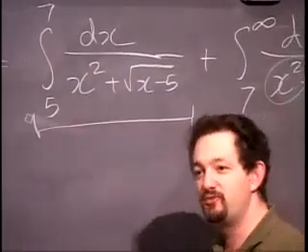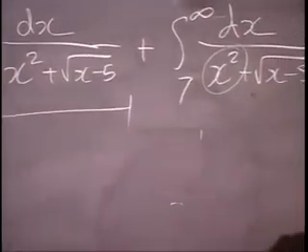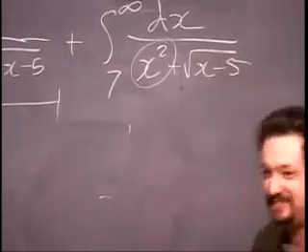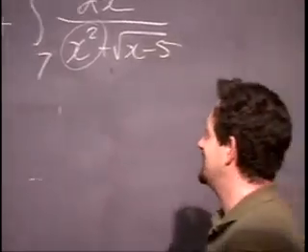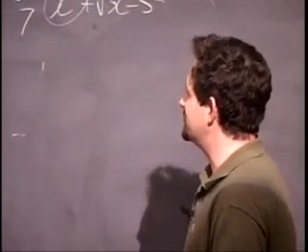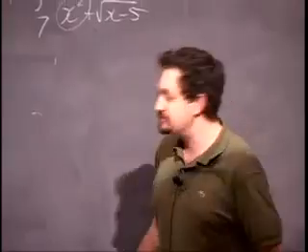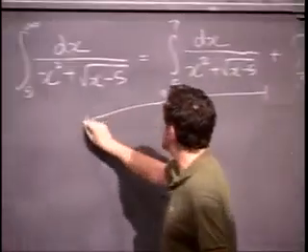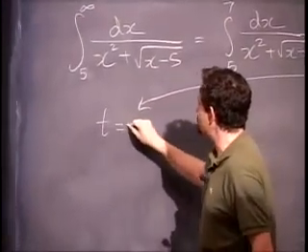And you are trying to force my hand to tell me something I'm going to tell you in half an hour. But I will tell you now, because you've asked me twice. If the problem spot is not at 0, you can transfer it to 0 by making a substitution. So in this case, I will set t equals x minus 5.